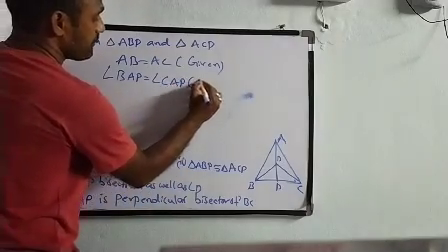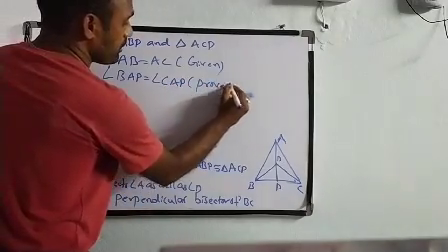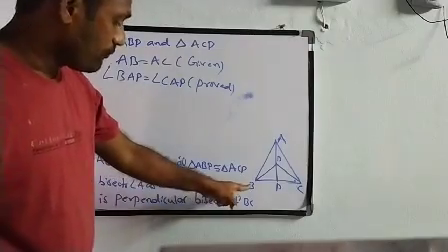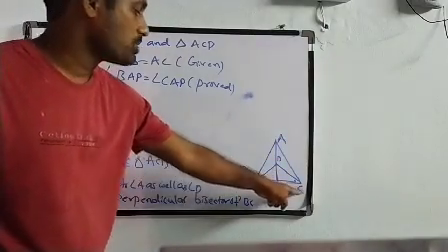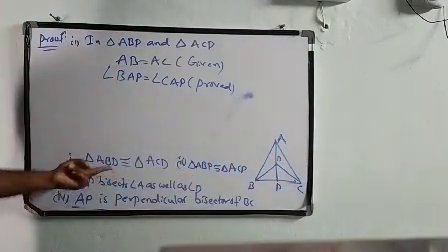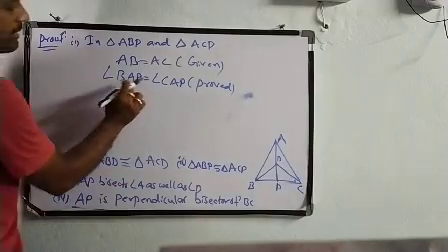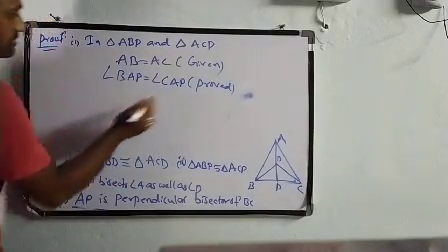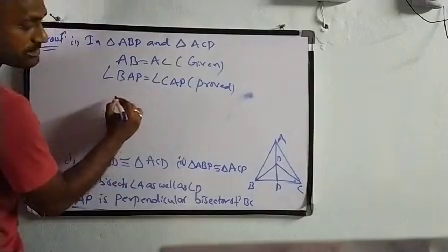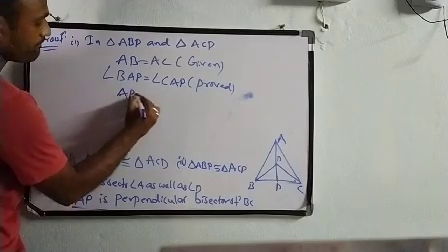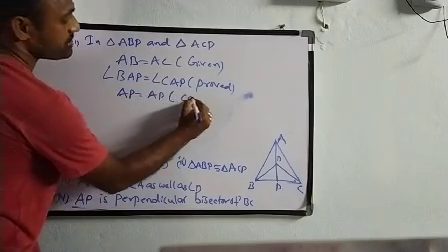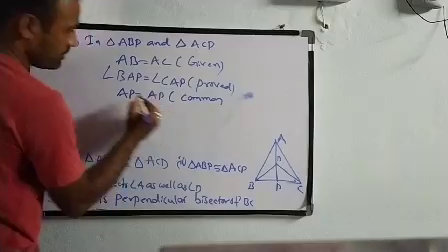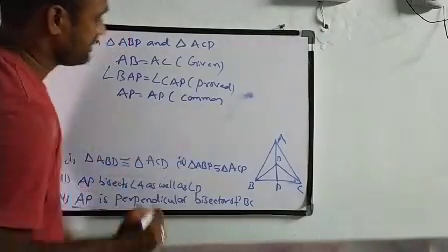CAP, which is proved. In the previous proof we have angle BAD equal to angle CAD by CPCT. So angle BAP equals angle CAP, which is proved above. And the common side is AP equals AP. So it is the included angle.